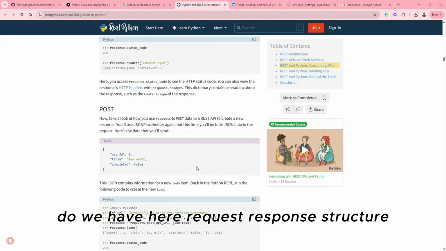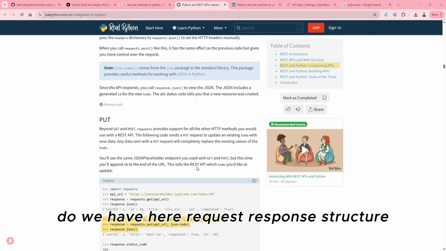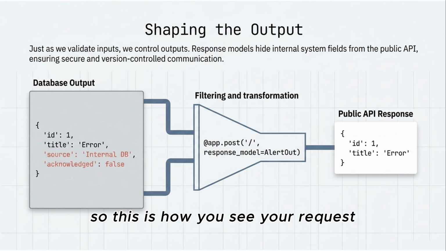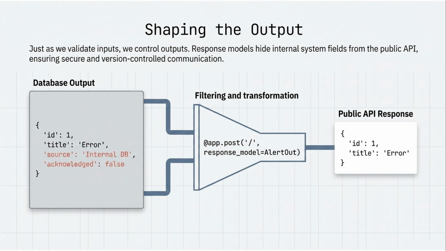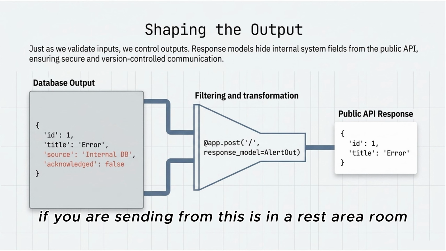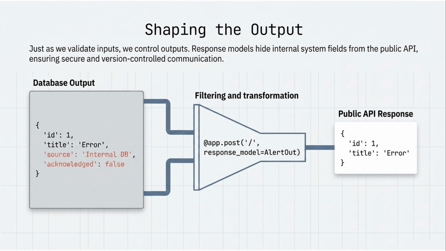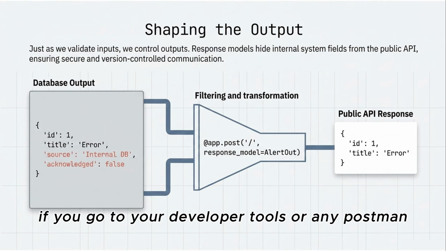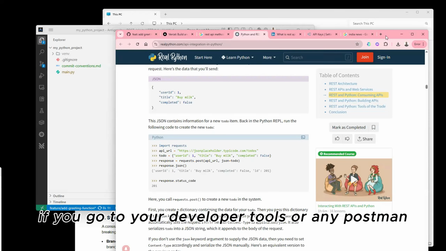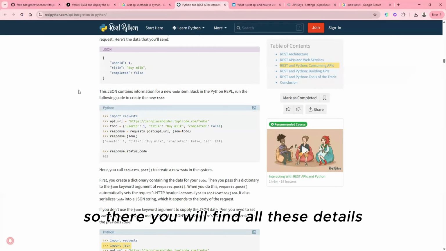Request response structure. Do we have the request response structure here? This is how you see your request. This is REST API. If you go to your developer tools or any Postman, there you will find all these details.